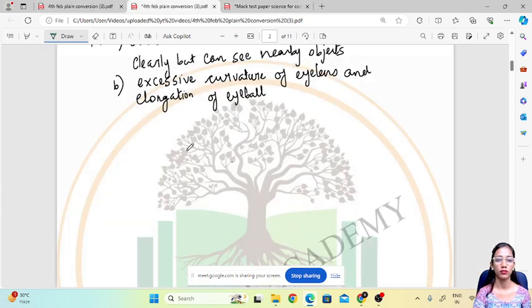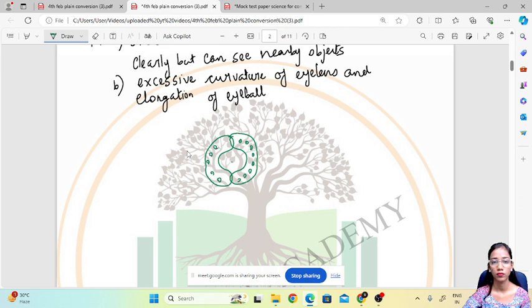Question number 21. So these are the guard cells, and this is the open stomatal pore. These 2 are the guard cells, and over here this is the chloroplast.